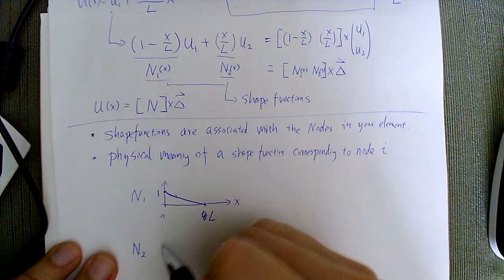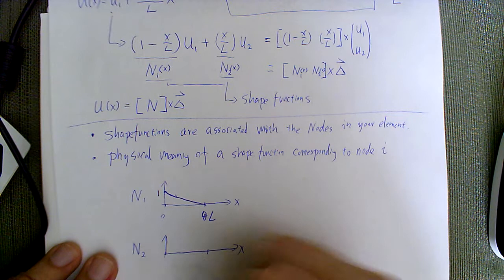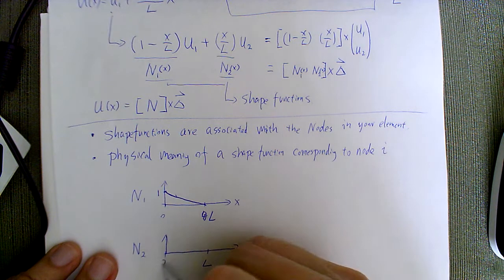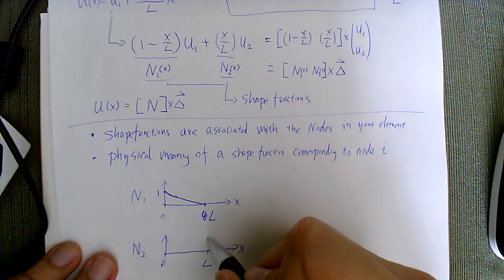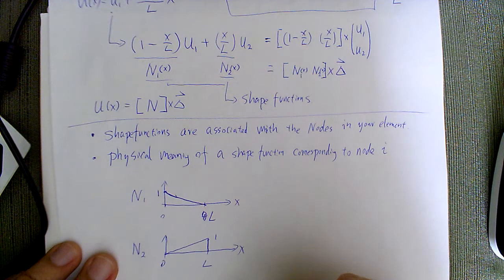Without me just telling you, you already know what we're getting at: the shape function N2 is the opposite. When x equals L, it's 1, and then it's 0 when x equals 0.